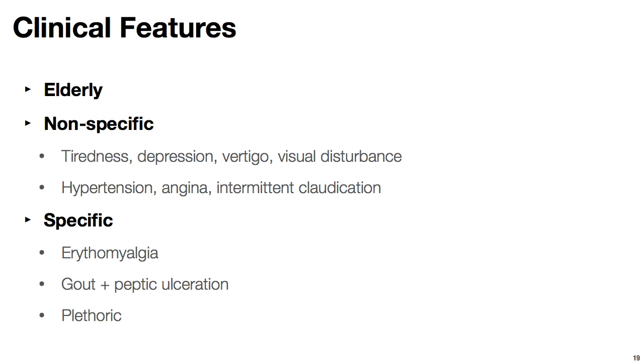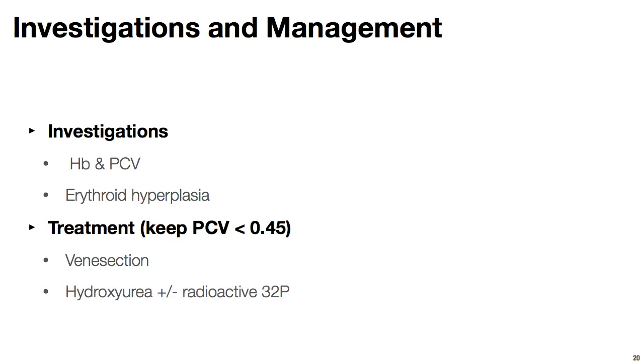Investigations, as usual, are based upon the peripheral blood count and smear and bone marrow sampling, and there is an increased hemoglobin and hematocrit and possible raised platelets and white cells, and the bone marrow shows increased erythroid cellularity and often reticulin fibrosis. There is usually a reduced serum erythropoietin.